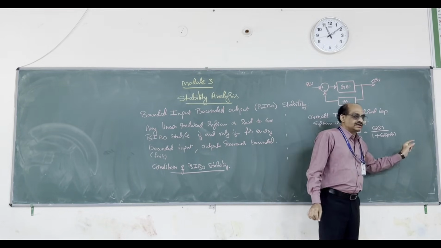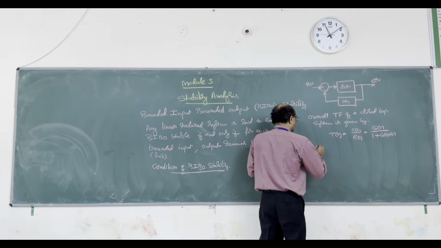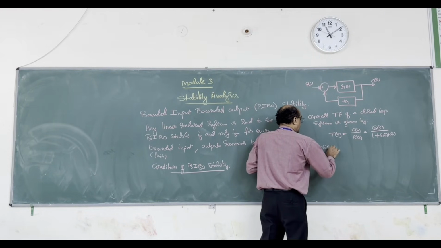Among this, 1 plus G of S H of S is termed the characteristic equation.